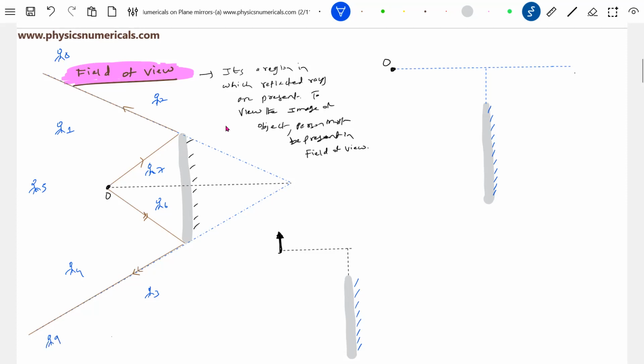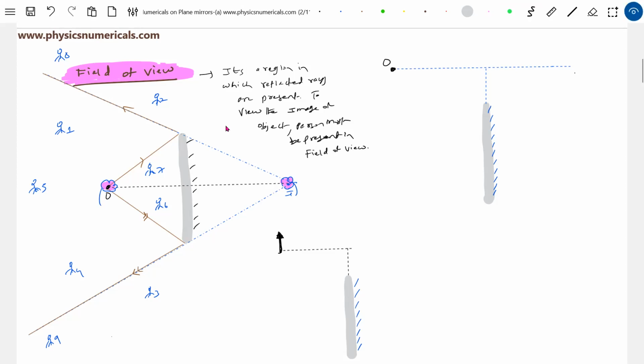All can see the image of that object. Means here I kept a flower. All will see that flower. Which persons will see that flower? Let me shade it so that it will be easy for you. All persons can see the image of that particular flower.